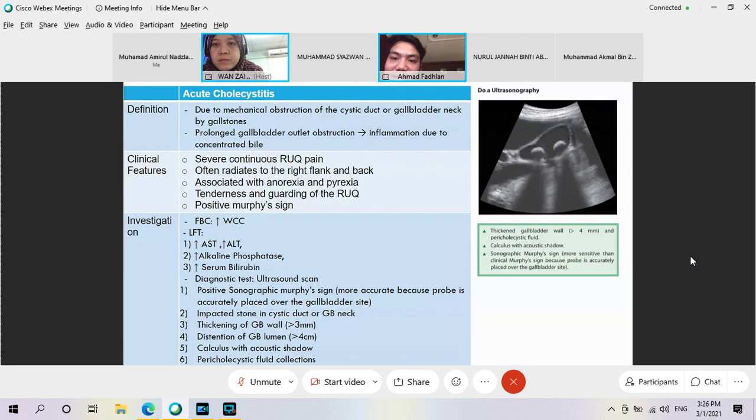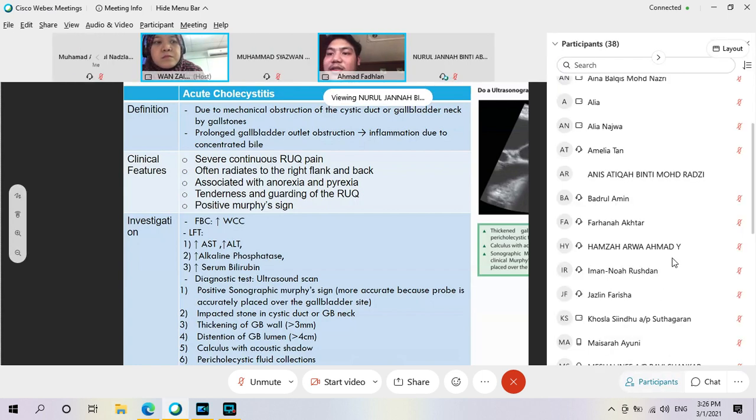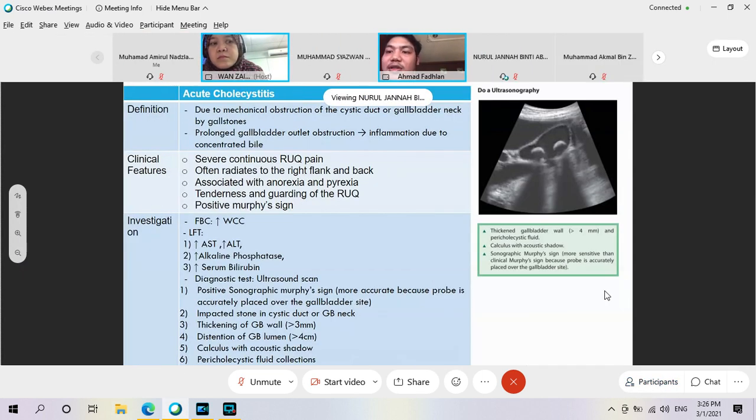So there are 6 findings that we can find from the ultrasound. First is the positive sonographic Murphy sign, because we will use a probe accurately placed over the gallbladder, so it is more accurate. Next, there will be impacted stone in the cystic duct or the gallbladder neck.